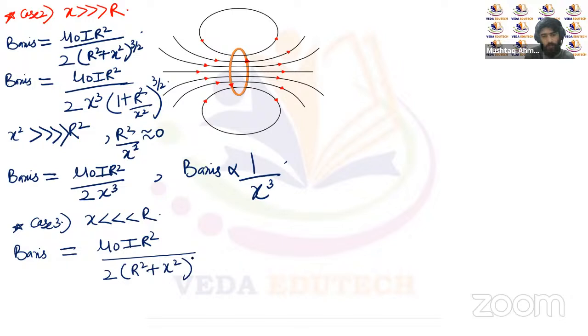Since the condition is that x is very less than r, we're calculating the magnetic field very close to the center of this ring, and at the center we know that magnetic field is mu naught I upon 2r.